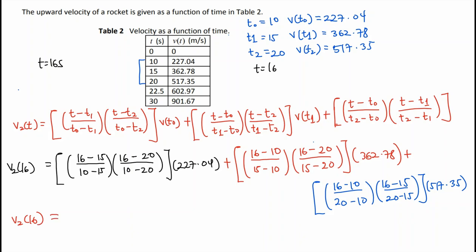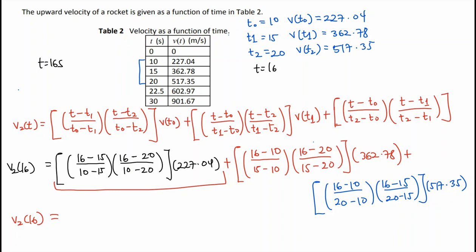So now let's look at that. Let's consider everything we have here. Let me punch everything at once. We have 16 minus 15 divided by 10 minus 15, multiplying 16 minus 20 divided by 10 minus 20.